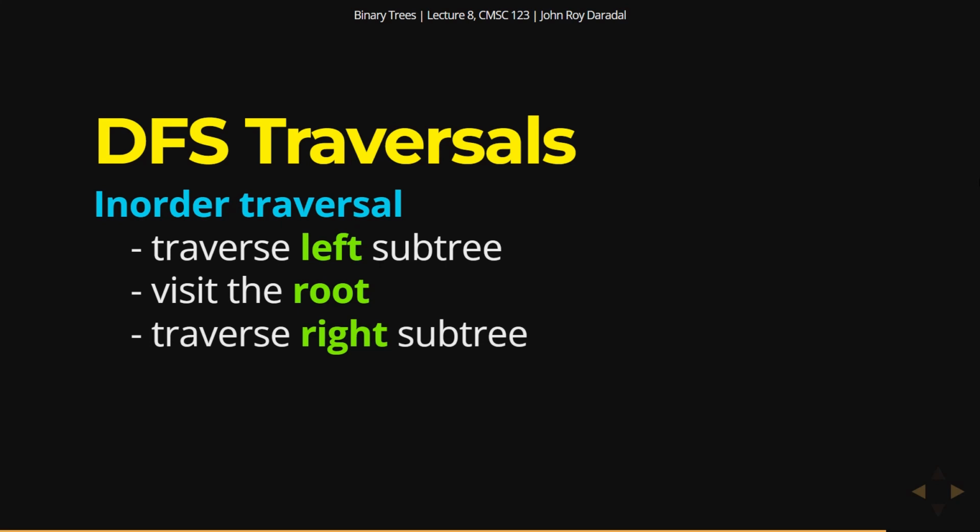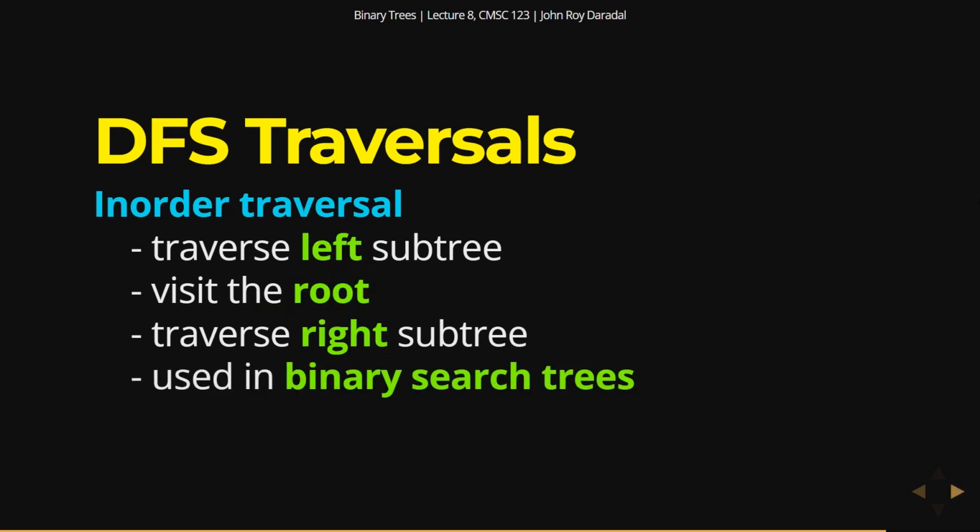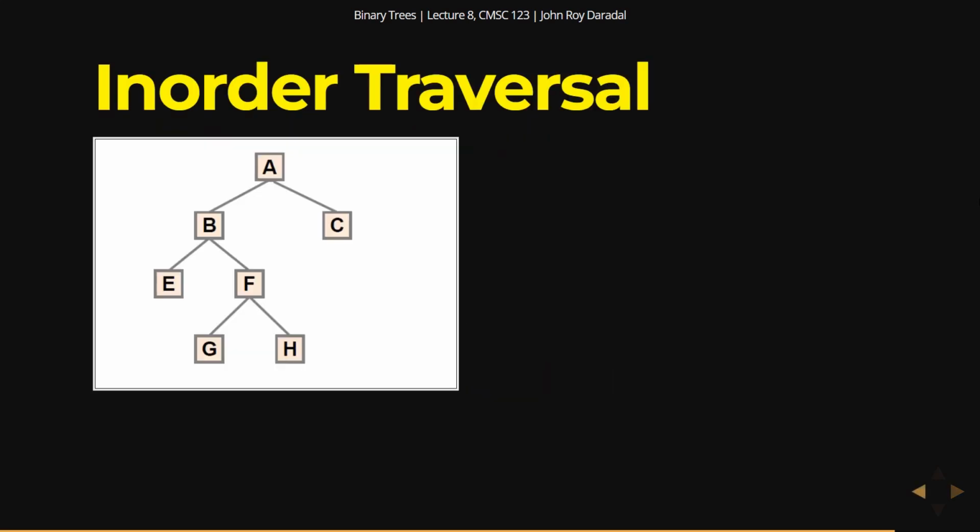Okay, so it's kind of similar to post-order, but the root, instead of being the last, would be the one in between. So after left, you visit root, and then you visit right. Okay, so we'll use this in binary search trees, which we'll discuss in a later video. Okay, so that's in-order traversal: left, root, right. Okay, so let's see an example.